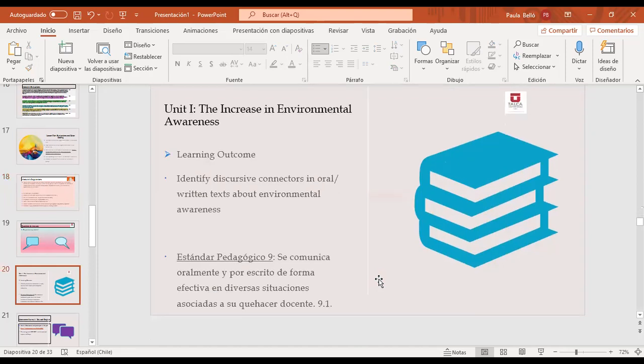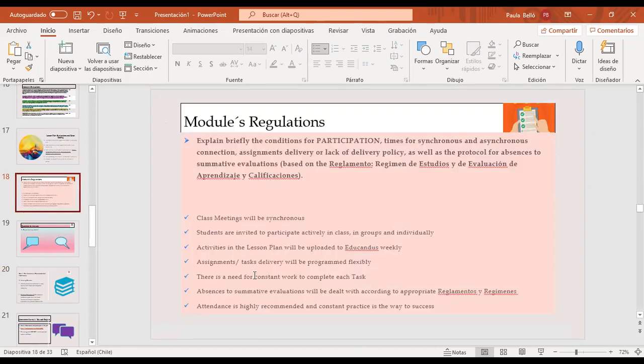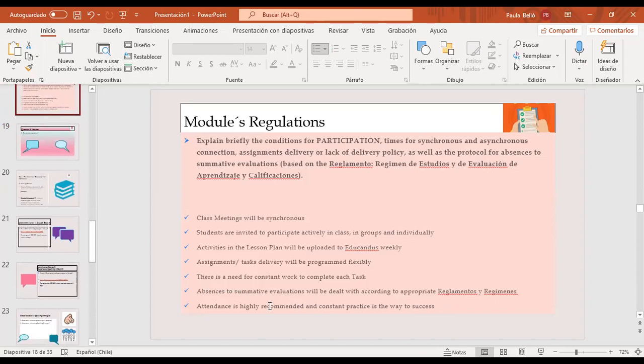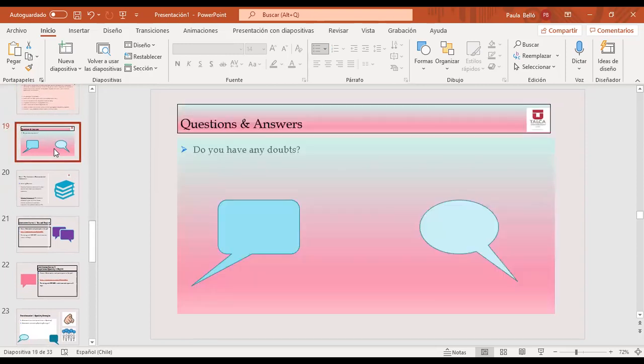So you work constantly in each task: forum, activity, comment, everything, or wiki, as I explained. And you will always have the evaluations according to the reglamentos, the optional makeup tests. And of course, attendance is highly recommended and required in these modules for you to be able to practice the language mainly. Any questions so far? So far, so good? Now it's clear, I think.